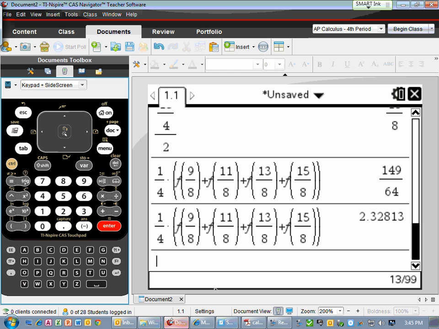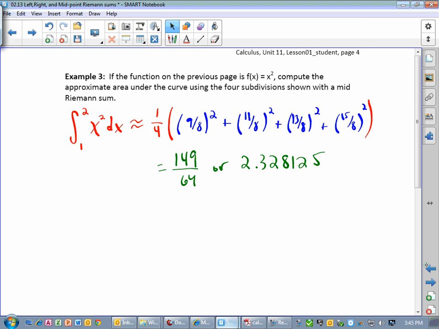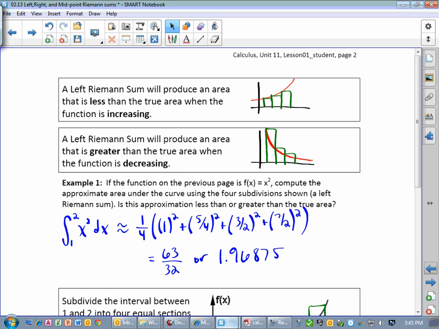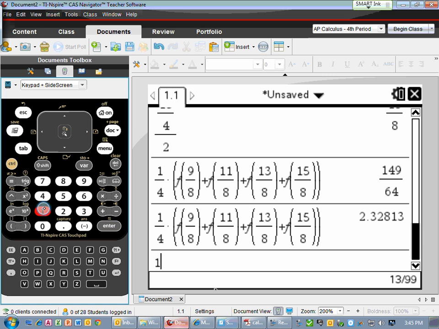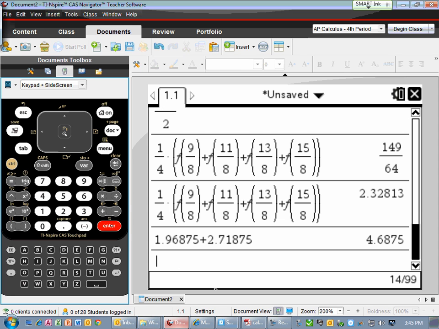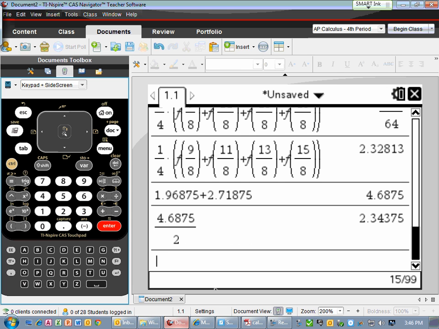The left Riemann sum was 1.96875 plus the right Riemann sum, that's 4.6875. Divide that by 2. So is it right in the middle?